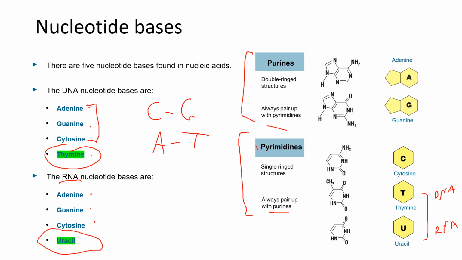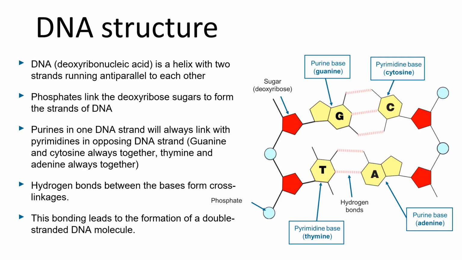In RNA, of course, we don't have thymine, so that thymine is changed to uracil. RNA is the same for guanine and cytosine, they always pair together, but in RNA it's adenine and uracil that pair together. It's still the same idea, purine with a pyrimidine, we're just swapping that thymine for uracil. So you can see here what I mean: here I've got a full DNA structure.